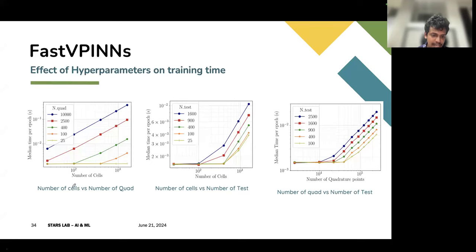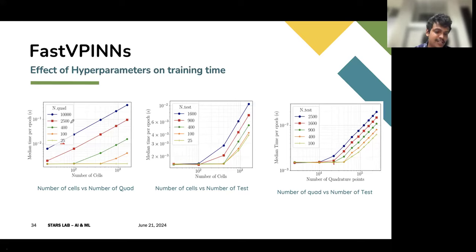In this case, it is number of cells versus number of quadrature points and the time taken. You can see that after a certain point, everything increases. But if you look at where they increase, for quadrature points it's after 20,000 quadrature points that the time stays constant. And even for cells, until 100 or 200 cells, it almost remains the same given your number of quadrature points.